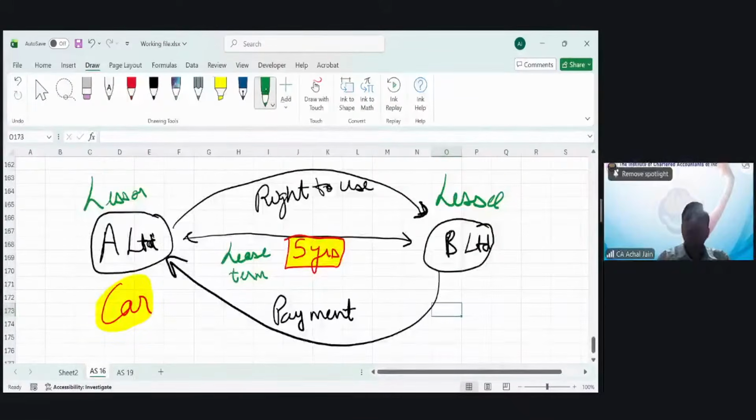What do you call this asset? This is called as leased asset. Understood? This is an asset under lease. So you may call it asset under lease, lease asset, leased asset. These are the terminologies which we are going to use at various places. That's why these are important to understand.